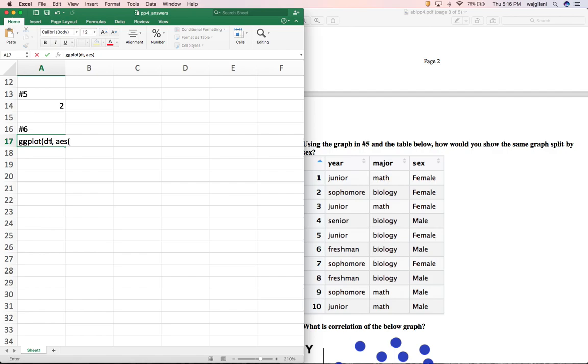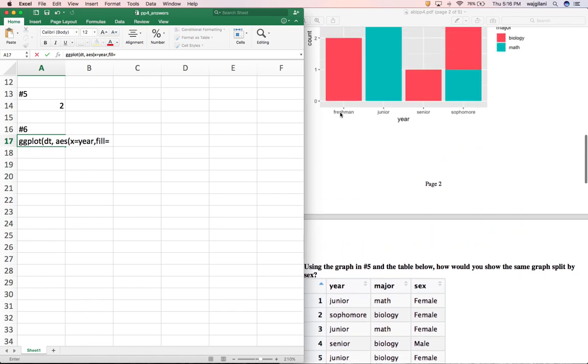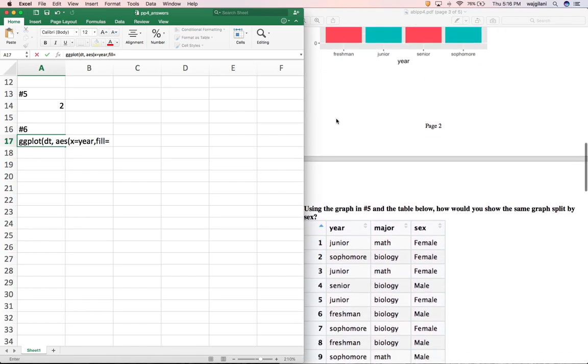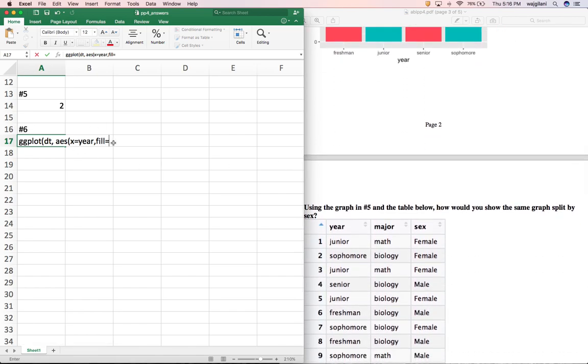Your year, the year that the student belongs in. On the y-axis, there will not be a y-axis because it's just going to count up those values. But we are going to have a fill based on the major. So here we're going to put in major.